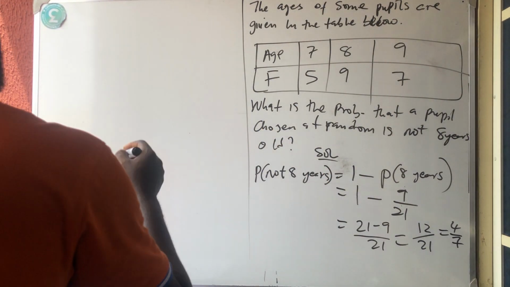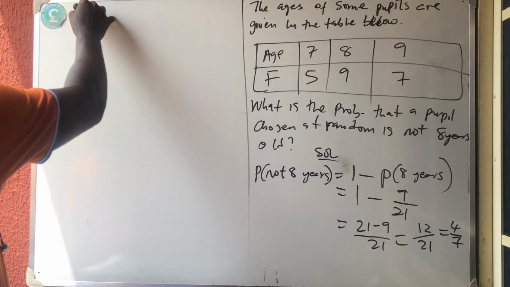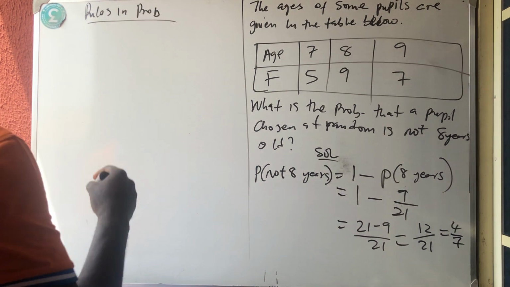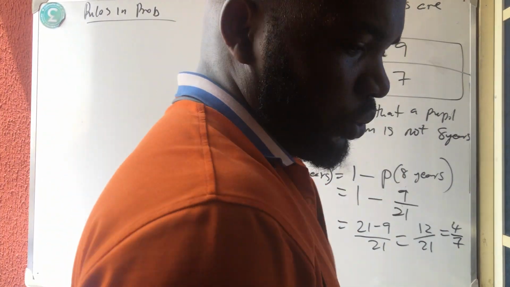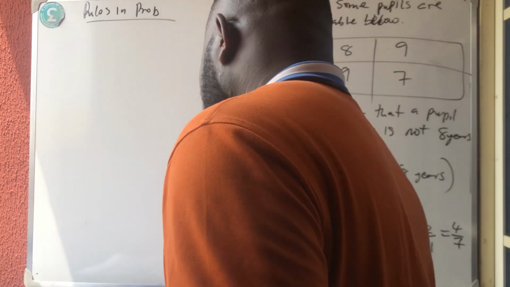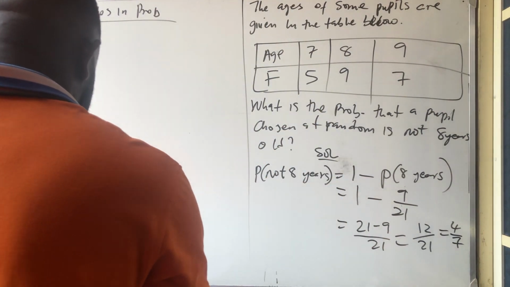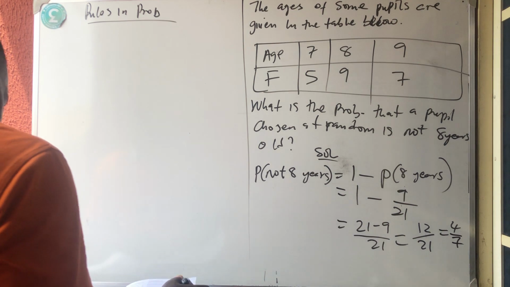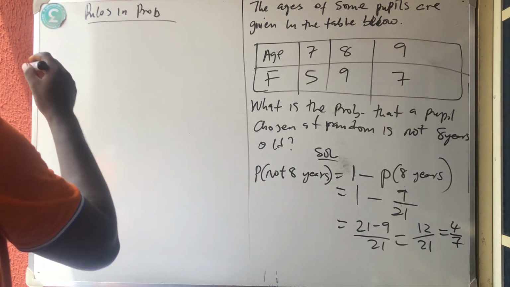So that is that. So now let's talk about the rules in probability. That is the addition and the multiplication rule. Okay, addition rule.